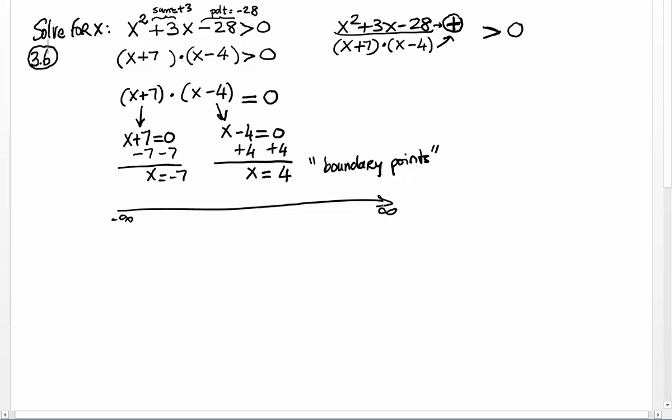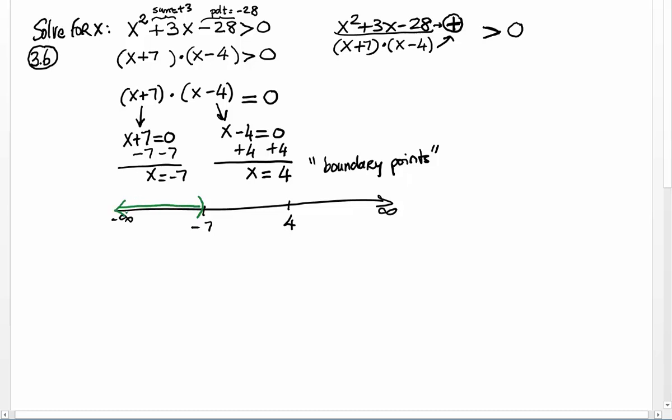We are going to locate our boundary points, negative 7 and 4, on that number line. Make sure we put them in order. So we'll put negative 7 more to the left than 4, just like they should occur. And notice that those two boundary points are splitting the number line into what we call test intervals.